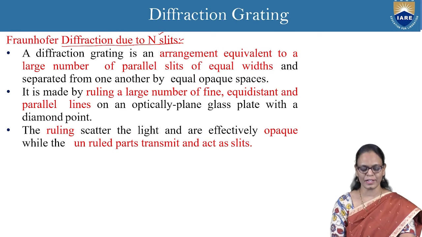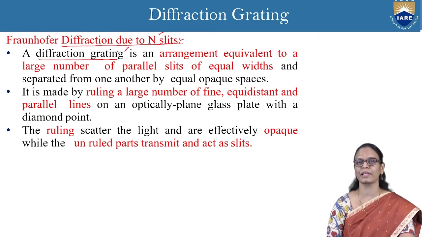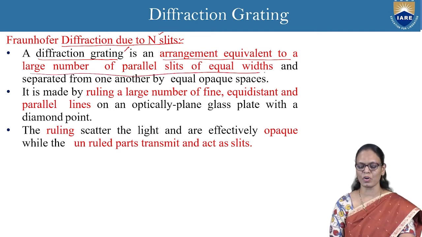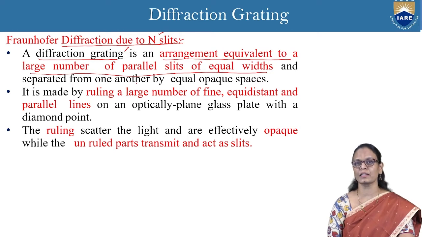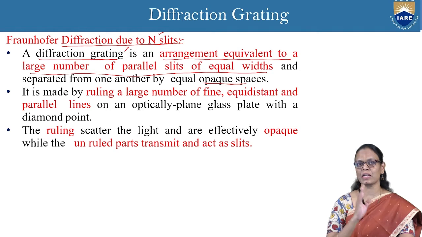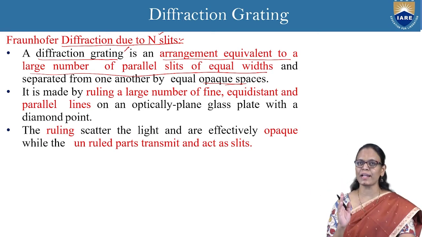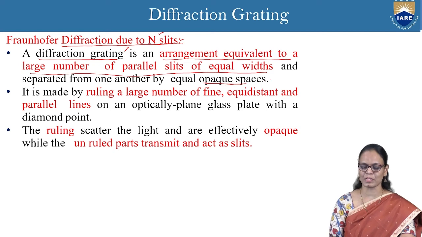So what is a diffraction grating? First we'll understand what a diffraction grating is. It is an arrangement equivalent to a large number of parallel slits of equal width and separated from one another by opaque spaces. So in a grating you have a number of slits of equal width, and these slits are separated by opaque spaces.